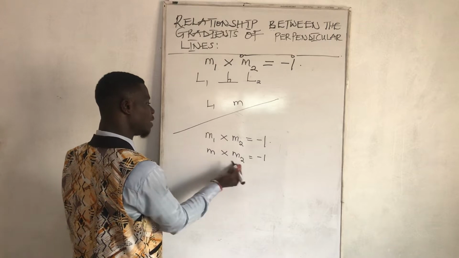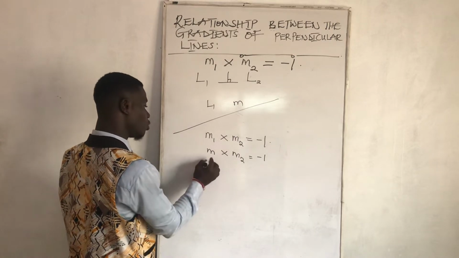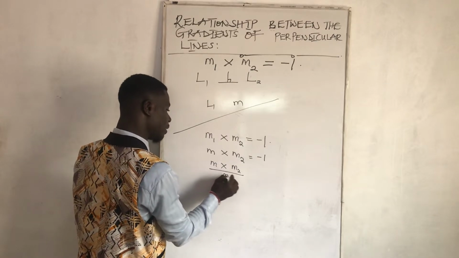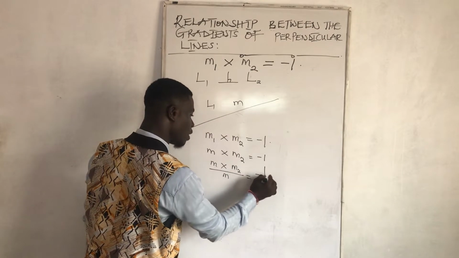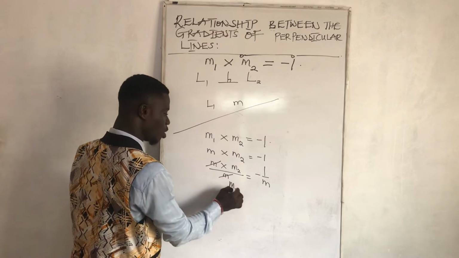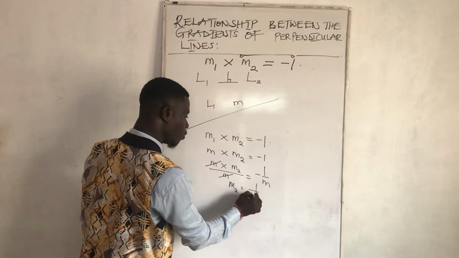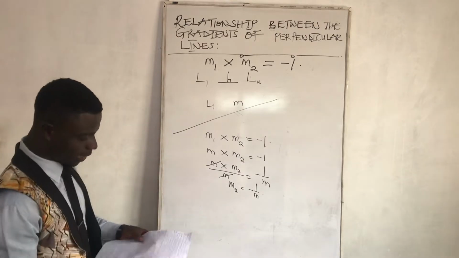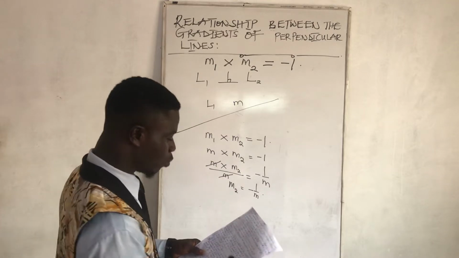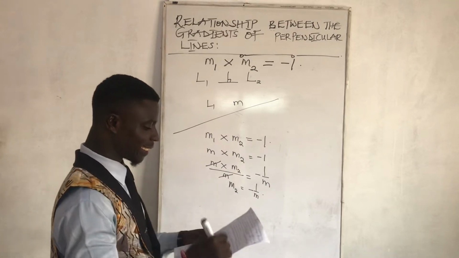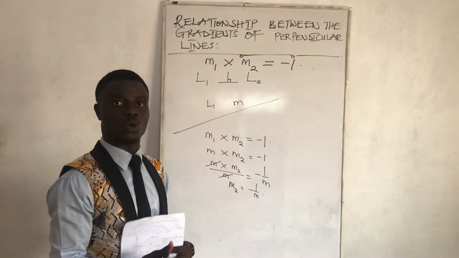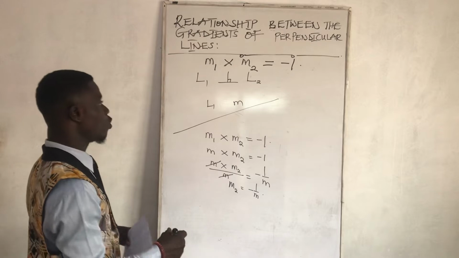To get the gradient m2, we have to divide both sides by m. So m times m2 divided by m equals -1 on m. The m cancels, so I get m2 equal to -1 on m. So what we are saying is, for any two lines L1 and L2, if the gradient of one is m, the gradient of the other is -1 on m.